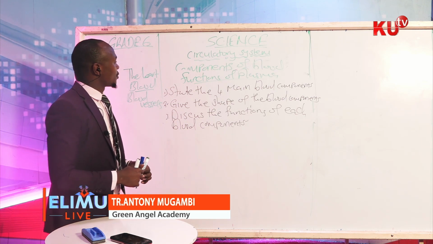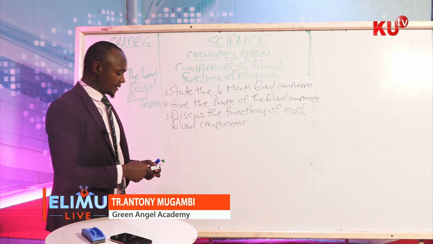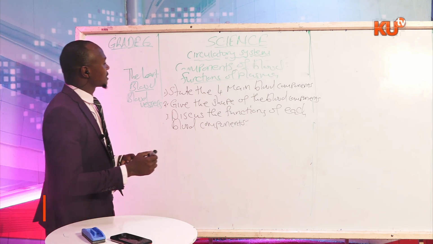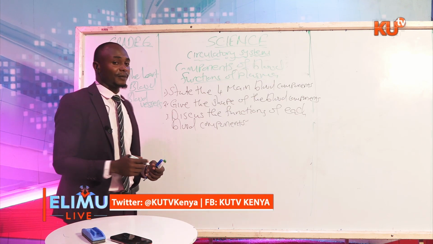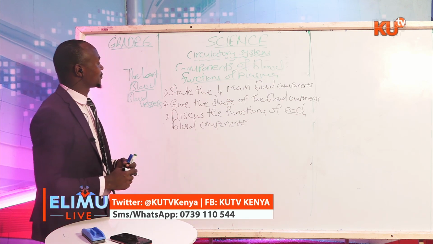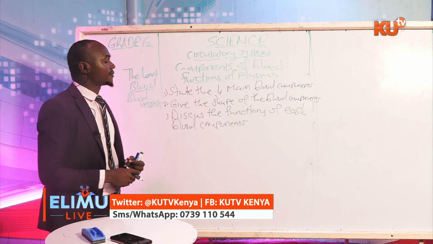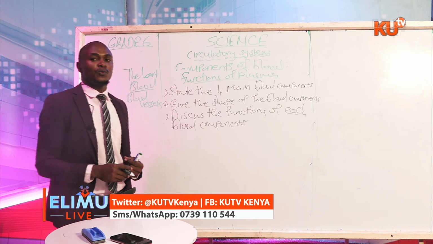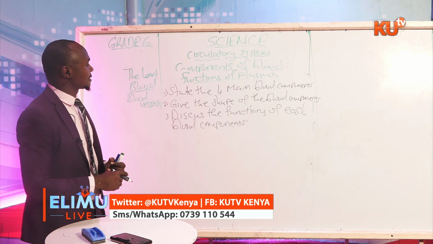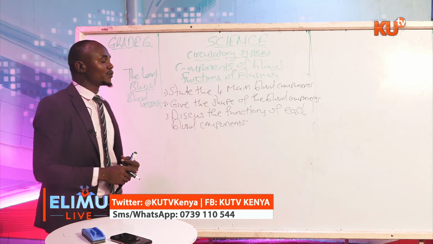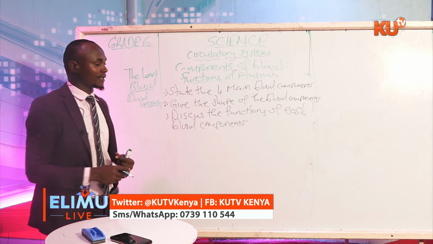Good. We have seen that the blood components, we have the plasma, as you have seen. We have the red blood cells. We have the white blood cells. And finally, we have the platelets.